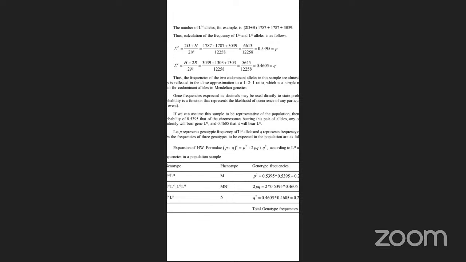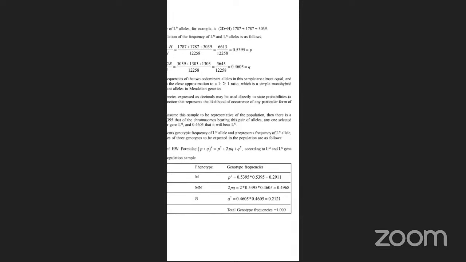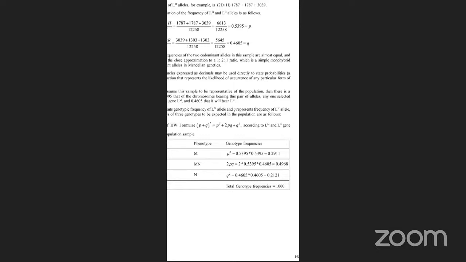And this is reflected in the close approximation of the 1:2:1 ratio, which is expected in a sample examined for codominant alleles. So gene frequencies expressed as decimals may be used directly to state probabilities.